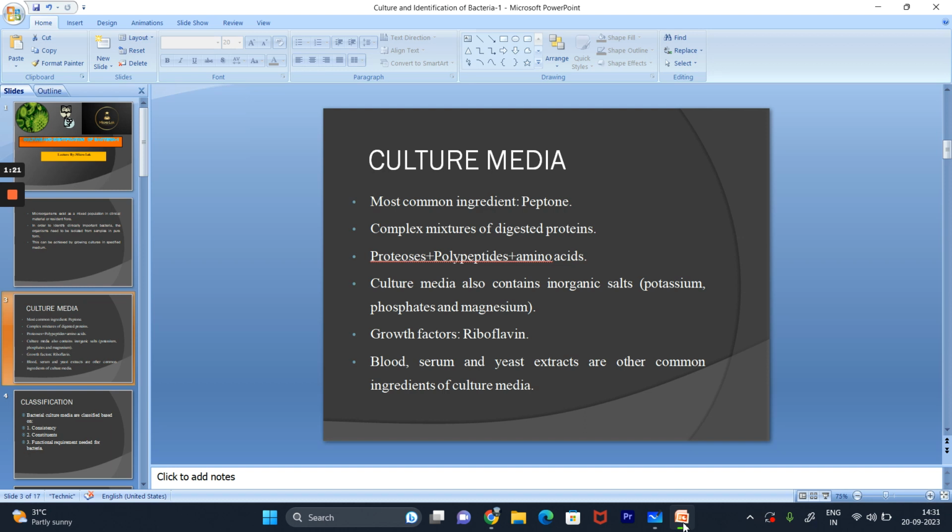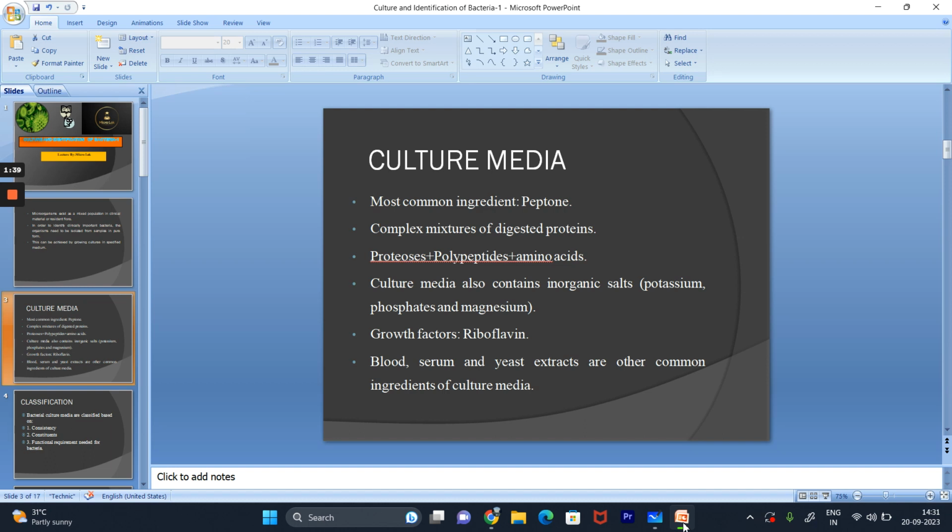This slide represents the basic requirements needed for the medium to grow bacteria or fungus. The most common ingredient is peptone, a complex mixture of digested proteins including proteases, polypeptides and amino acids.